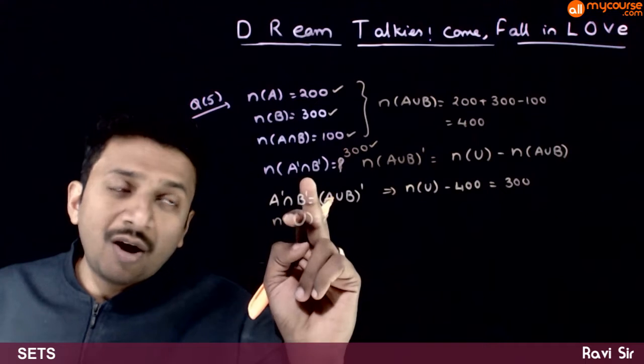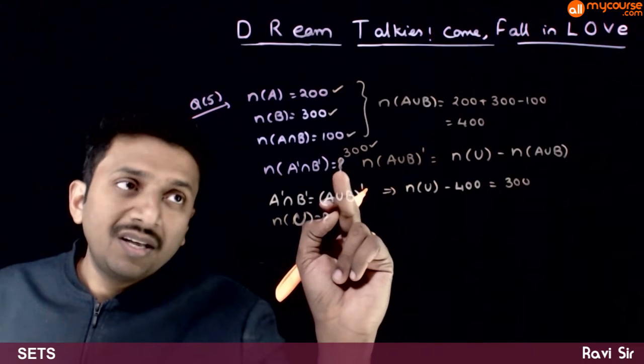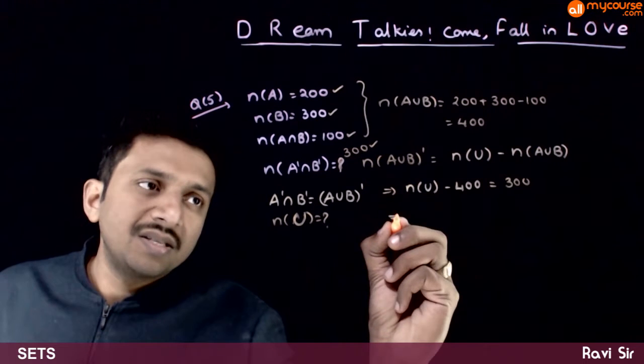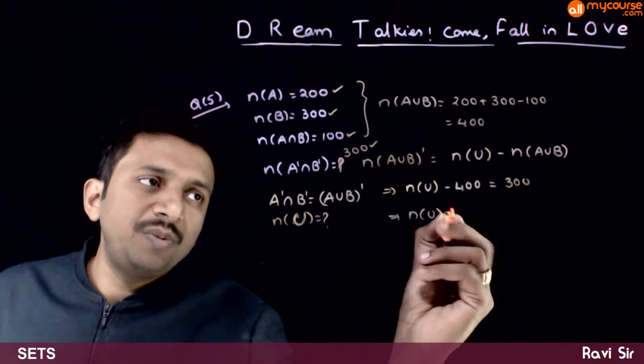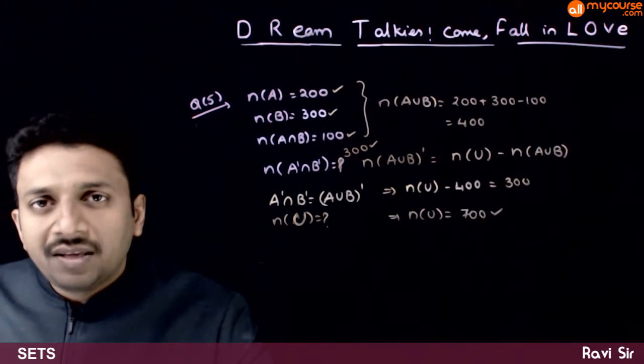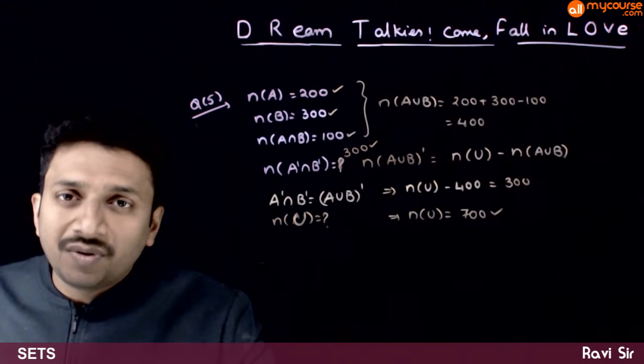Right? n of A complement intersection B complement is 300, which is equal to this minus this. This implies n of U has to be equal to 400 plus 300, which is 700. That means there should be 700 elements in the universal set.